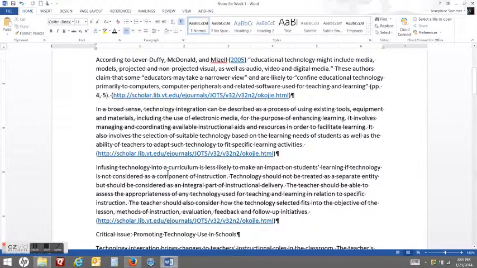Infusing technology in curriculum is less likely to make an impact on students if technology is not considered as a component of the instruction. Technology should not be treated as a separate entity.